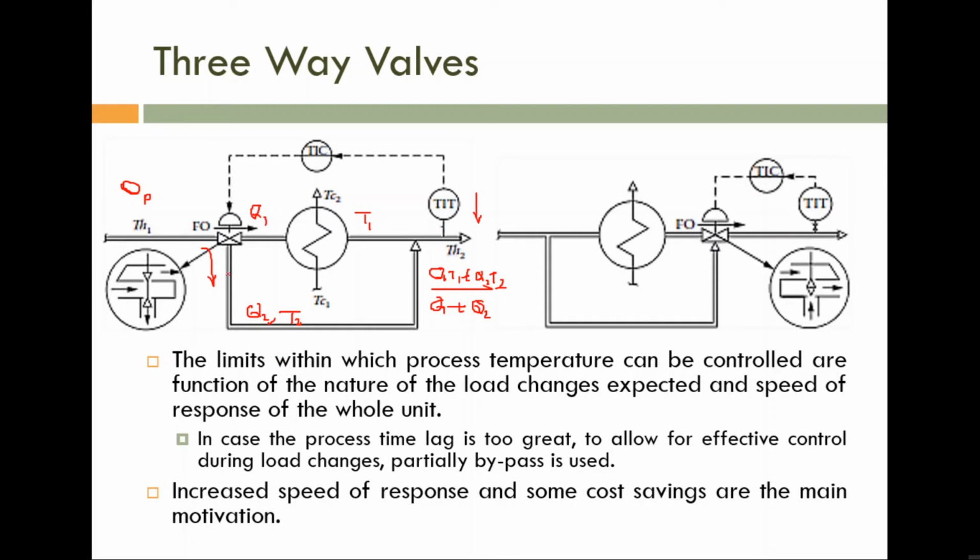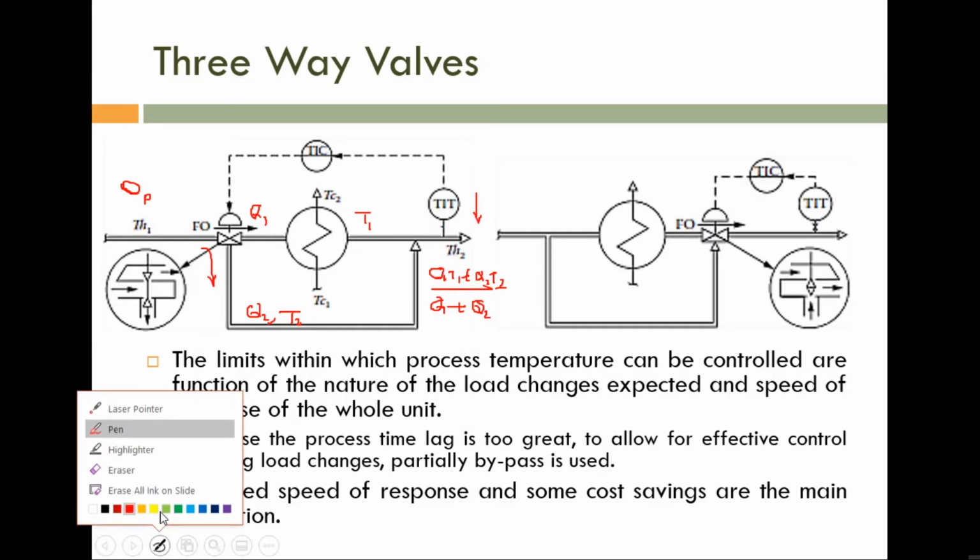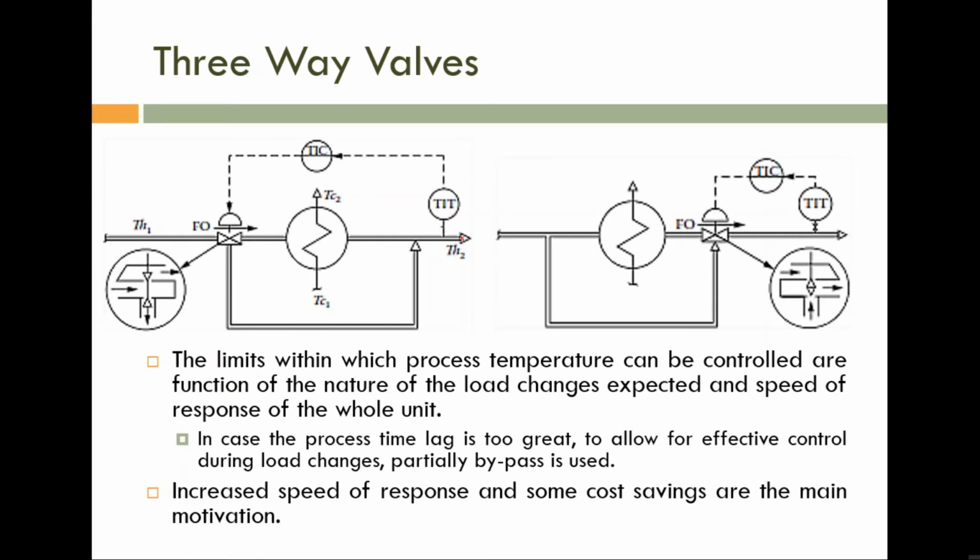So what is happening? If you are opening this control valve, then Q1 is increased, so this weightage is increased where T1 is small. So the weighted average value of the temperature is decreased. Now what is happening if the temperature is small? If this temperature is small, then with respect to the temperature measurement, TAC will give a large control signal.